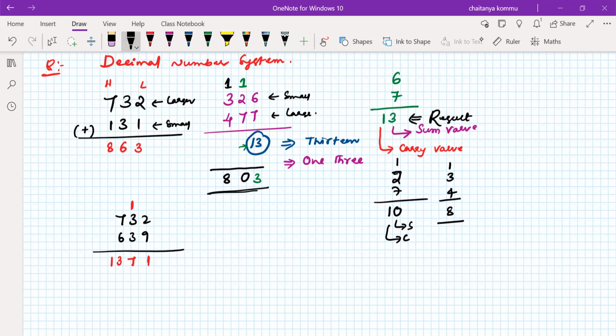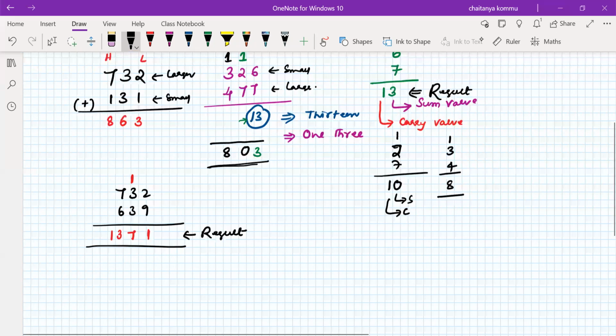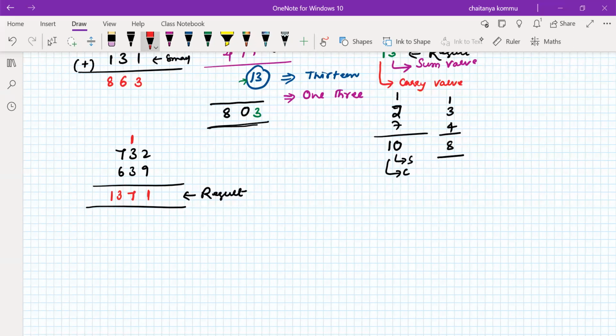So this is the total result. If somebody asks you what is the sum information and the carry information, 371 is the sum information, and 1, the last one, is the carry information.